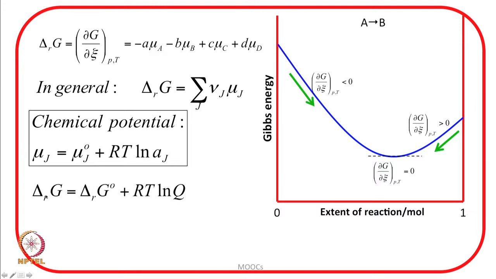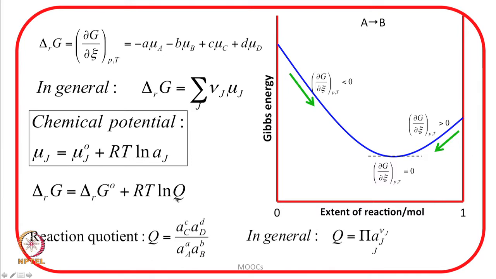We have come up to this equation that delta R G is equal to delta R G naught plus RT log Q, and we also defined Q for the given reaction to be activity of C raised to the power c into activity of D raised to the power d divided by activity of A raised to the power a into activity of B raised to the power b.